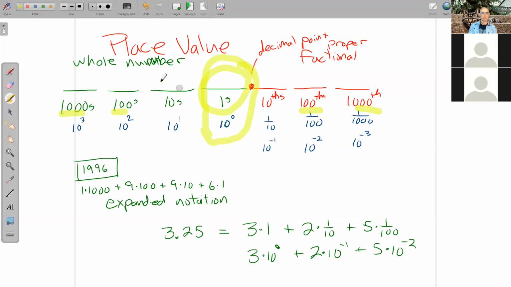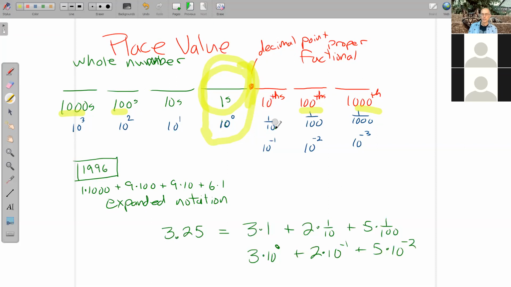And then we branch out on either side to bigger or smaller places than ones. And the reason I mention this is a lot of kids are used to their whole number things, right? Their ones, their tens, their hundreds. And on the other side, they want it to be an exact mirror image of this, and they think the decimal is the mirror, in that they're looking for a oneths position.